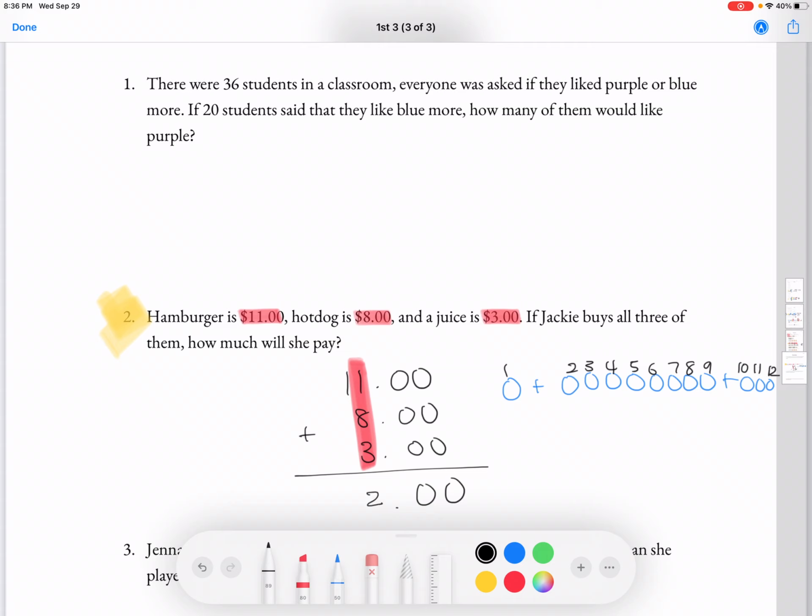Since we can't put 12 right here, we're going to carry the 1 over and add it in the tens place. In the tens place, we have 2. So the total, Jackie will pay $22 for everything.